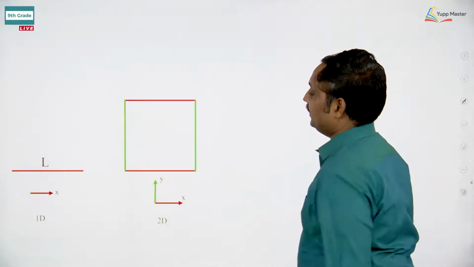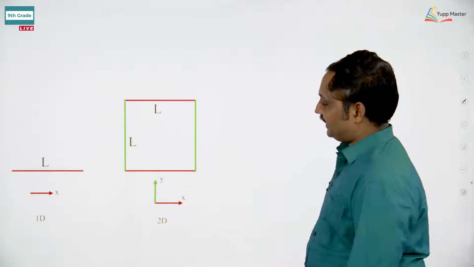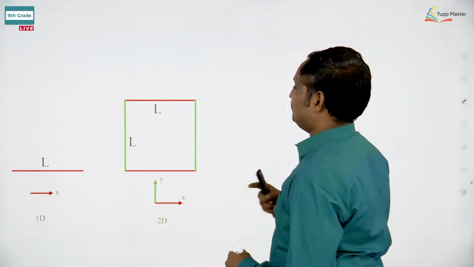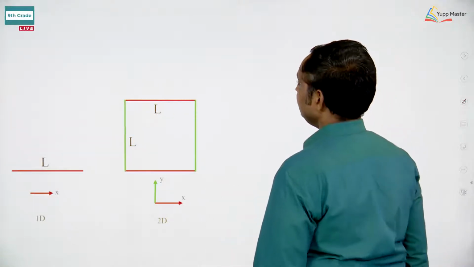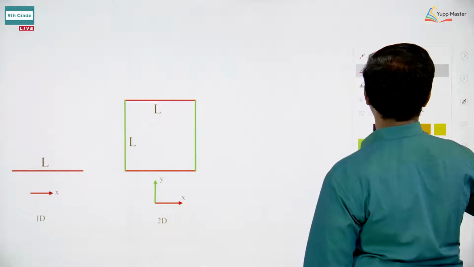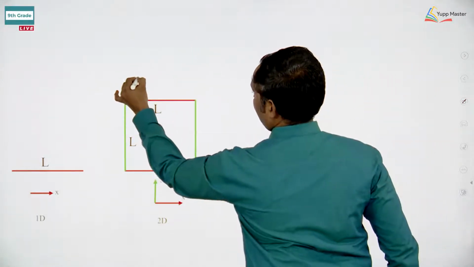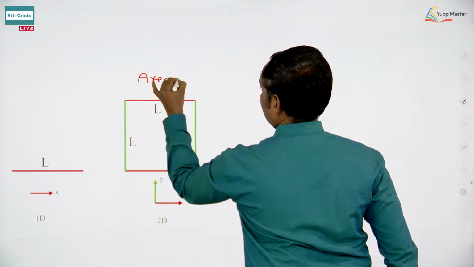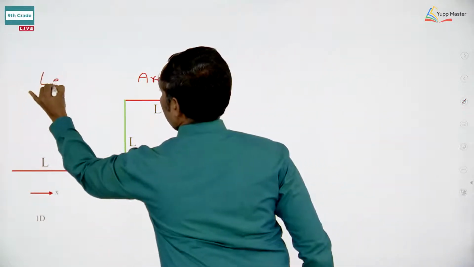So it is going to be two-dimensional and we are going to take the parameters length and breadth. Here, in this case, we have to take the area. This is the case where we are going to take length.